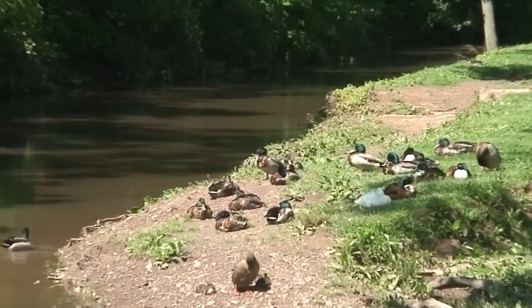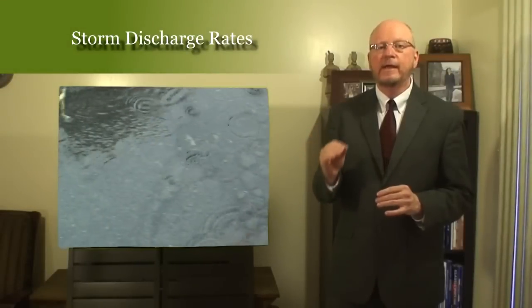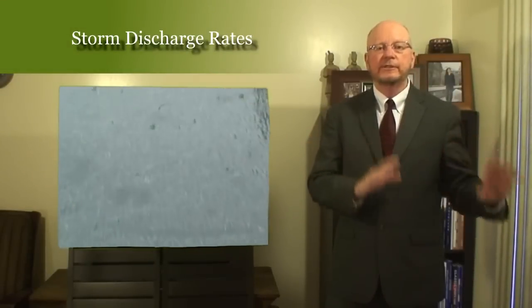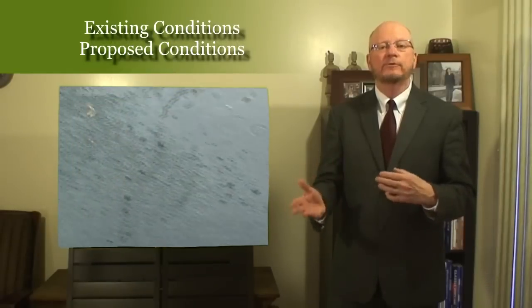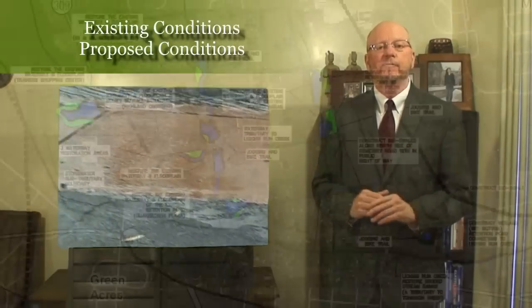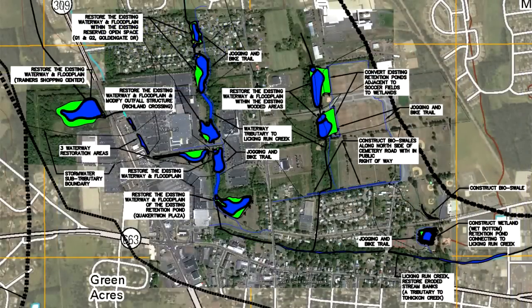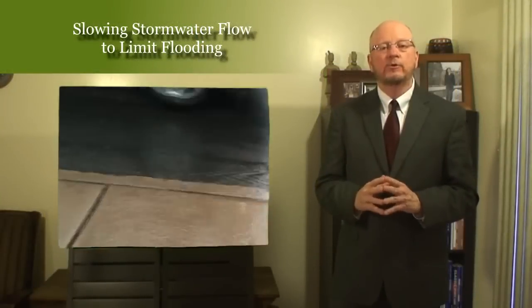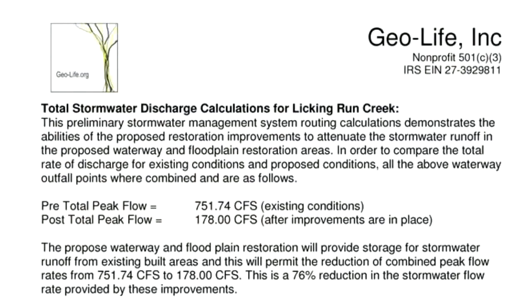When you do calculations, you compare the total rate of discharge for existing conditions and what flows out after you did your improvements. By combining all of the individual stormwater pond outfall points together, we determine how much we would slow the stormwater down. The existing peak flow is 752 cubic feet per second for a large storm event.